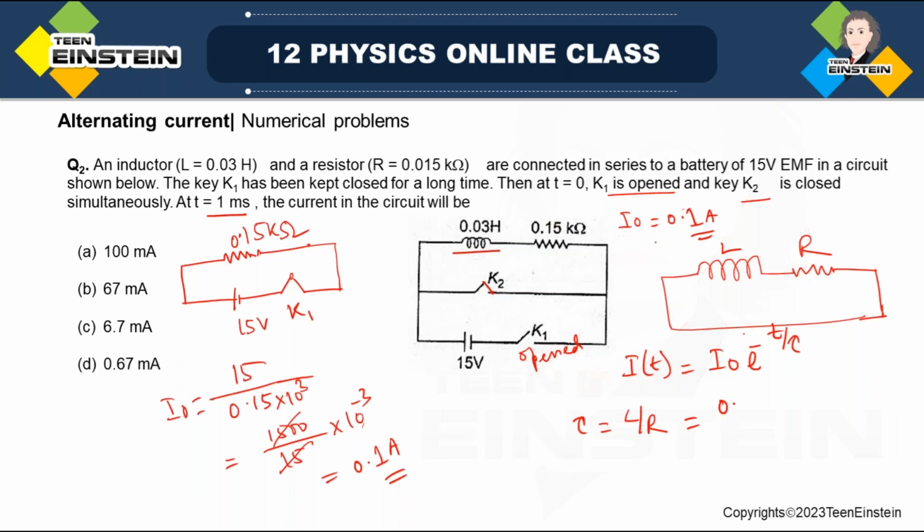L is given as 0.03 Henry, and what is R? R is in kilo ohm. So this is kilo ohm, this is Henry.